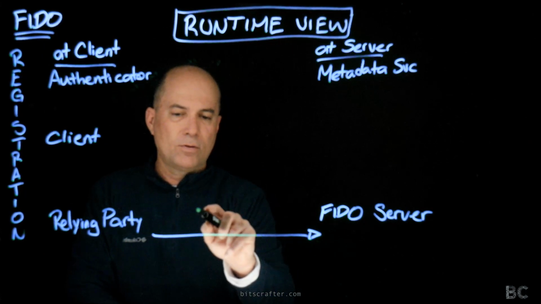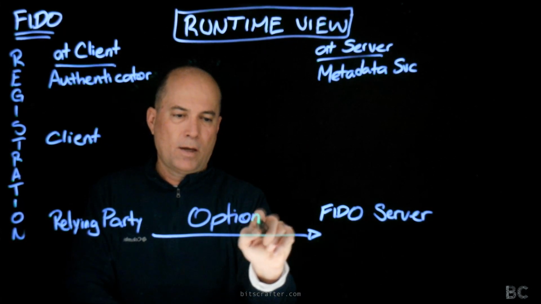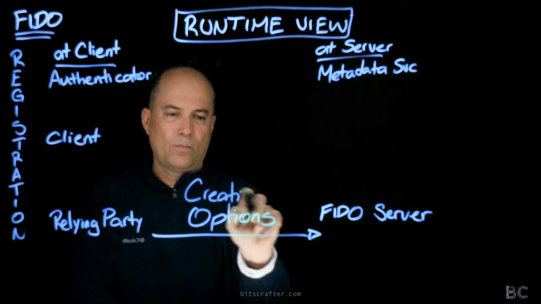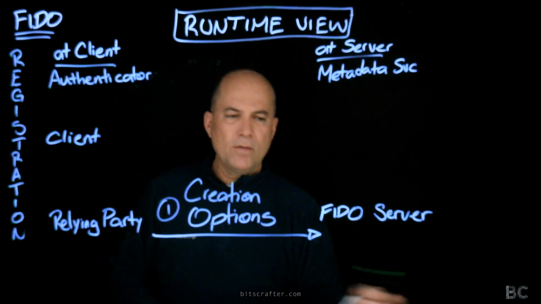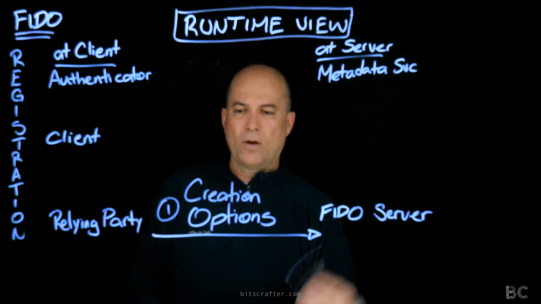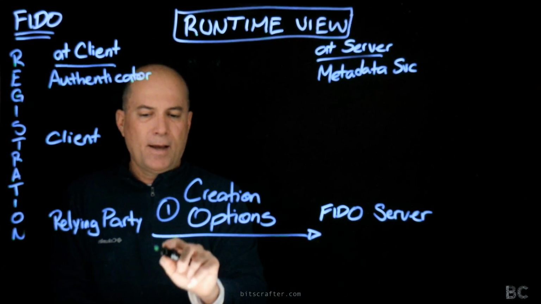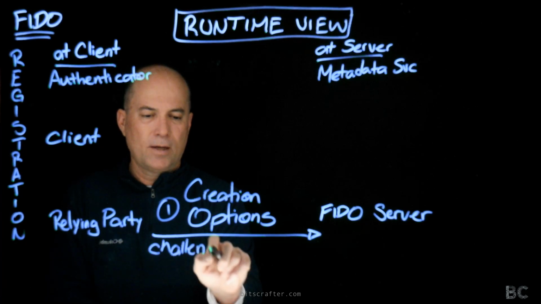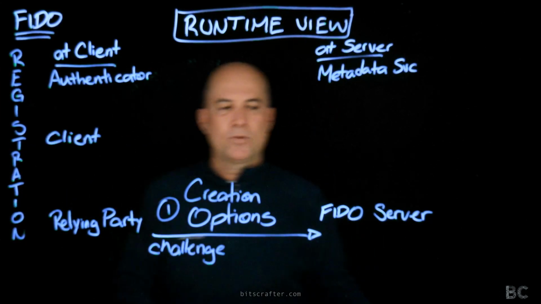And FIDO calls those options. And in the case of the registration, it is creation options. So the FIDO server is going to collect or make these options and send them back. And one of the parameters is called challenge. The challenge is a random string.